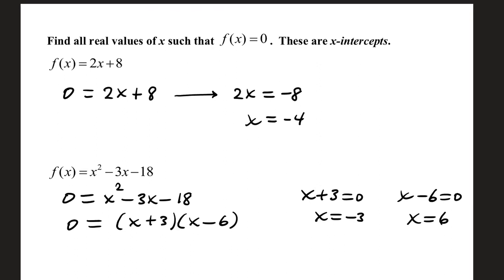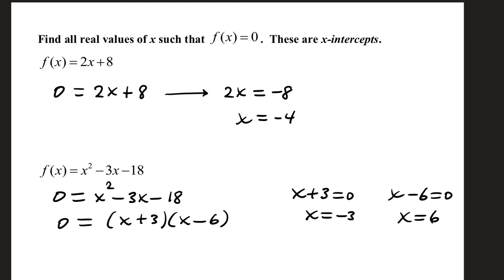Some math notation that coincides with x-intercepts. We have some problems in your homework where you're asked to find where f of x equals 0. As long as those are real numbers, those will be x-intercepts of your graphs. Our first function is linear because we have 2x to the first plus 8.